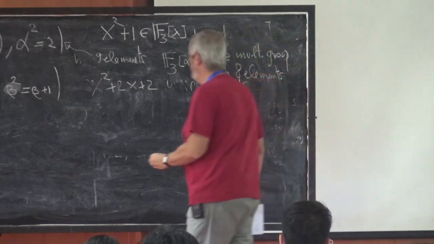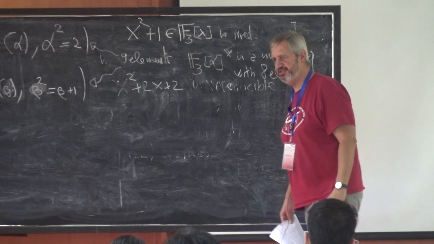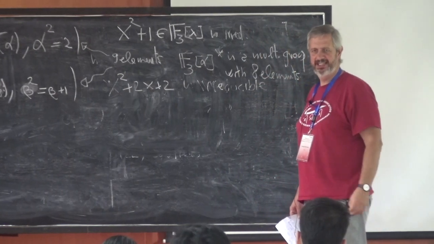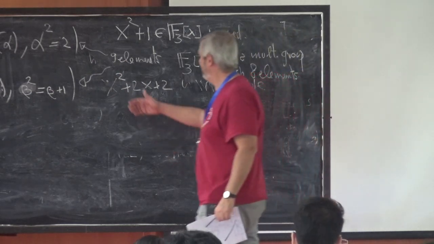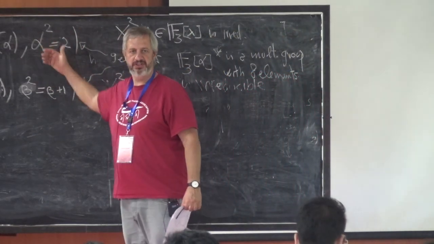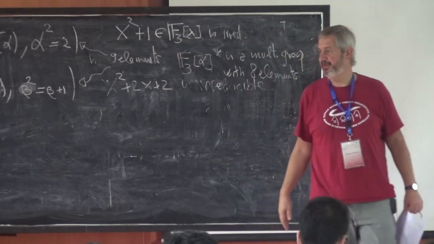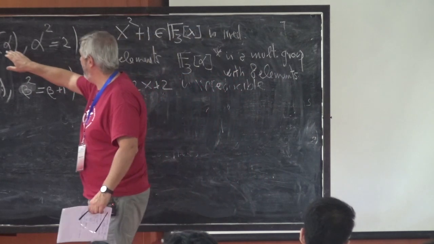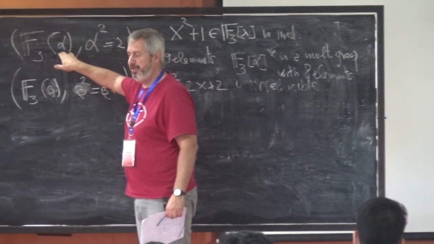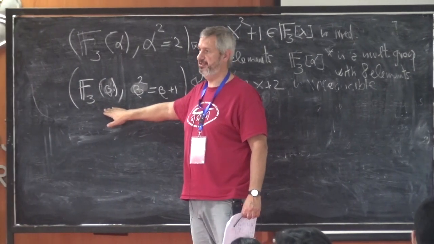Okay, so you have 2 fields with the same number of elements, and they don't exactly look the same, right? Because they're done using 2 different stems, right? And furthermore, the role of alpha inside here seems to be very different than the role of beta inside this field, right?